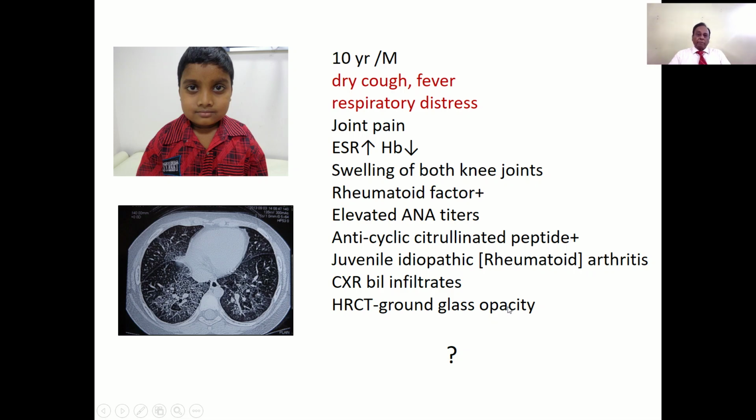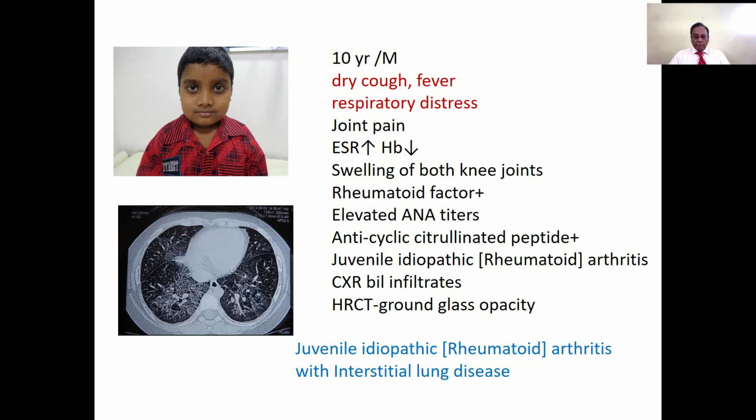With this background, what do you think of? The child already has rheumatoid arthritis and now has a prolonged cough, distress, and CT showing ground glass. Any other answer? Yes, it is found to be juvenile idiopathic arthritis with interstitial lung disease.